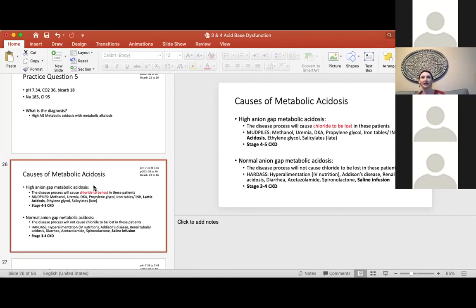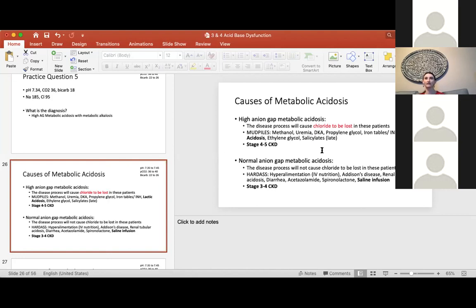So MUDPILES: methanol, uremia, DKA, propylene glycol, iron tabs, L for lactic acidosis, which I think was important, ethylene glycol, and salicylates.